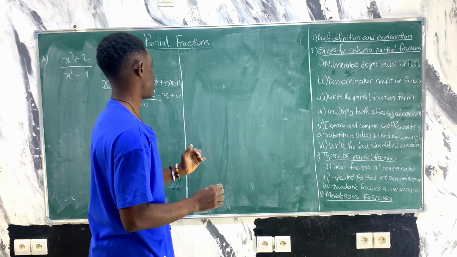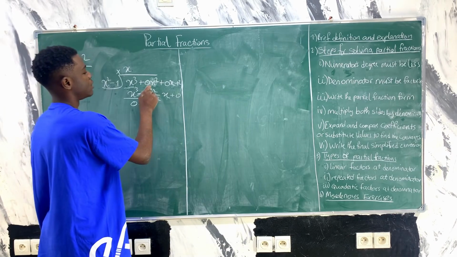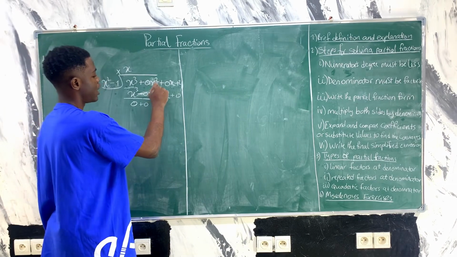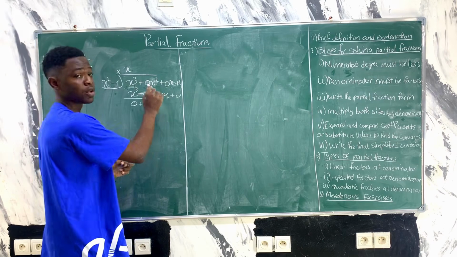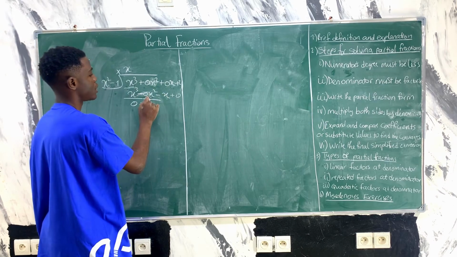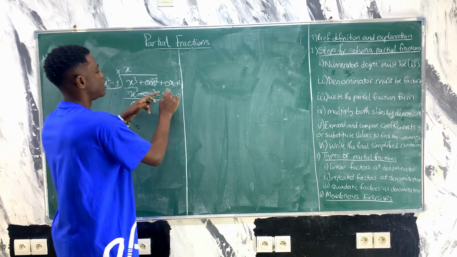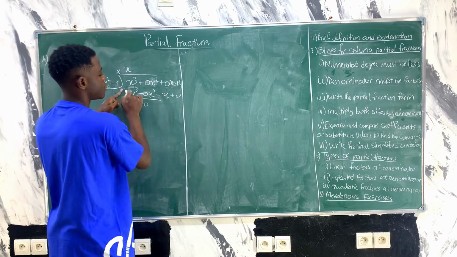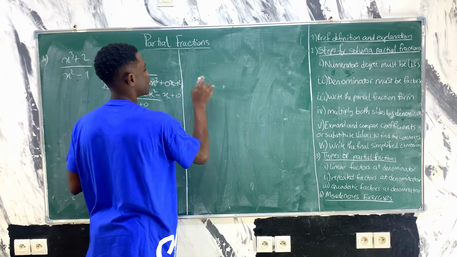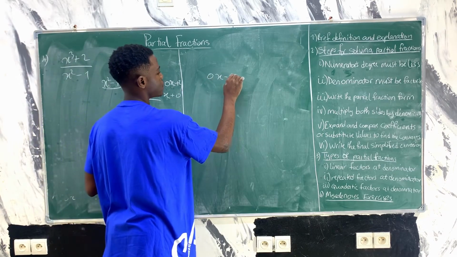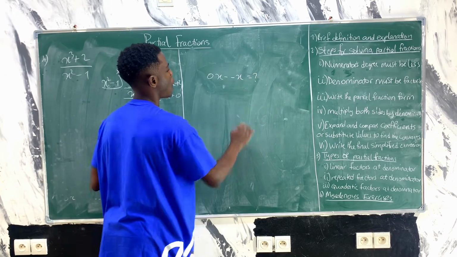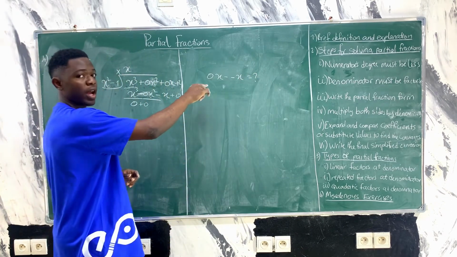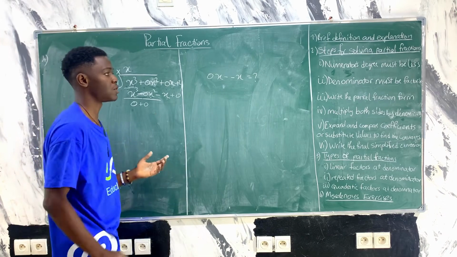So as I was saying, 0x squared minus 0x squared is 0. Then 0x minus minus x is equal to what? We have to know that 0x here is the same as 0.